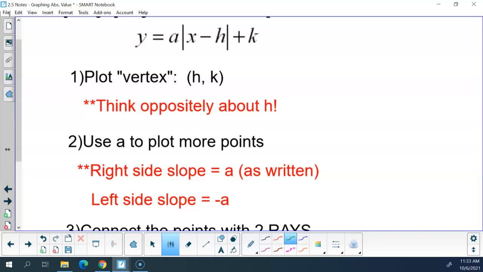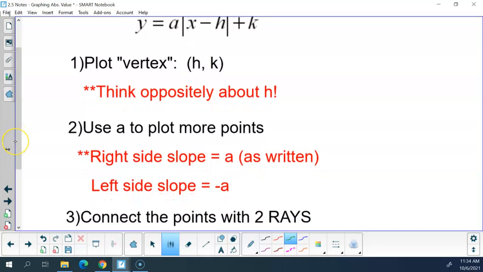The slope of the left half is going to be the negative of a, or the opposite of a. And so we can use rise over run and plot plenty more points. And then at the end, it's the same: we connect them with two rays again, and we use something straight, the edge of a ruler, a book, a folder, an ID, along those lines. Okay?